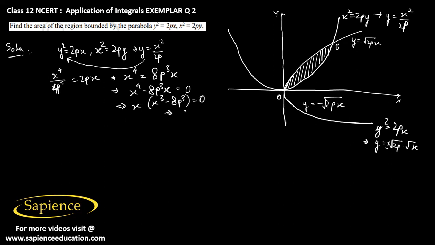From here we can see that x can be equal to 0, or x cube can be equal to 8p cube, which means x can be 2p. So x can be 0 or x can be 2p.